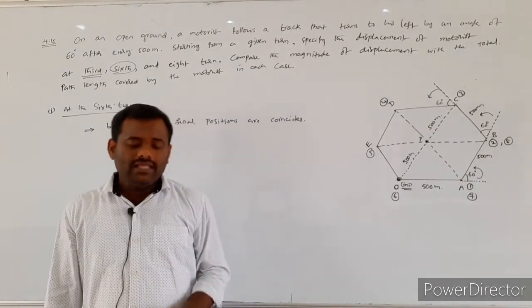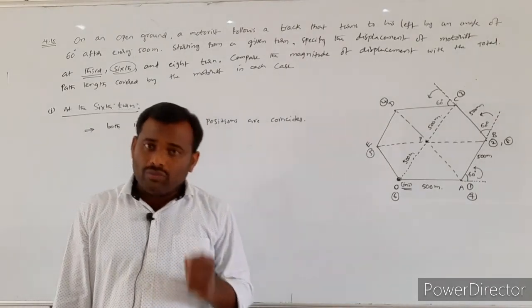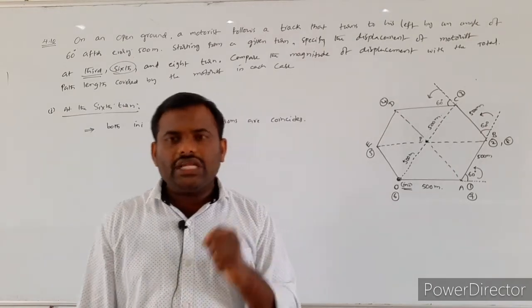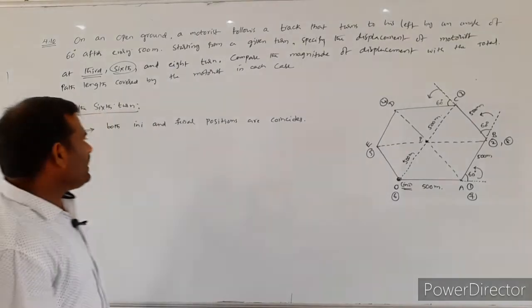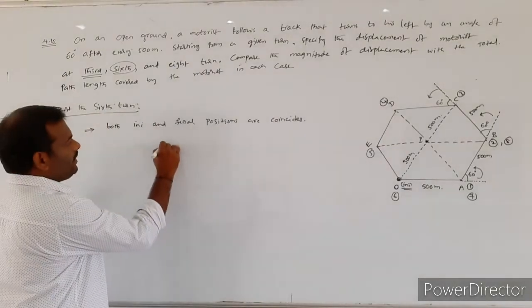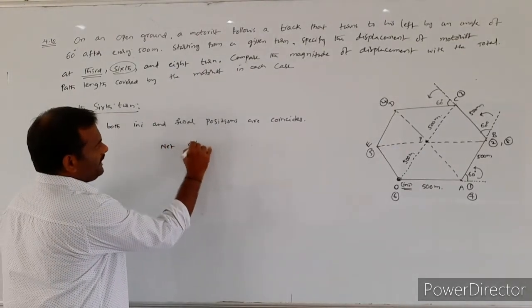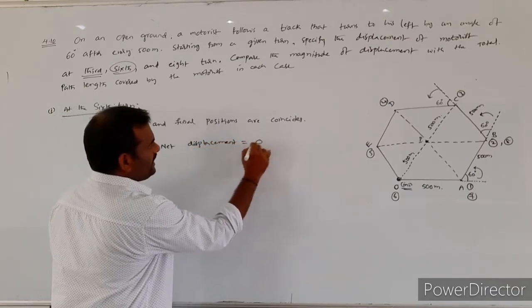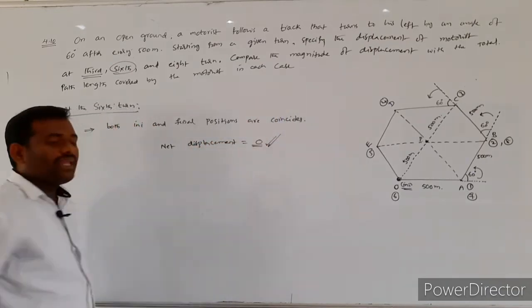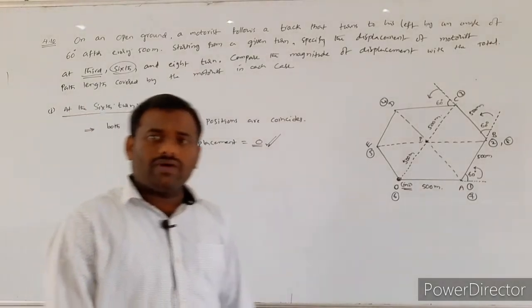Already we discussed, whenever our object is in motion and its initial position and final position coincide, what will we write? Net displacement for this case is equal to 0.